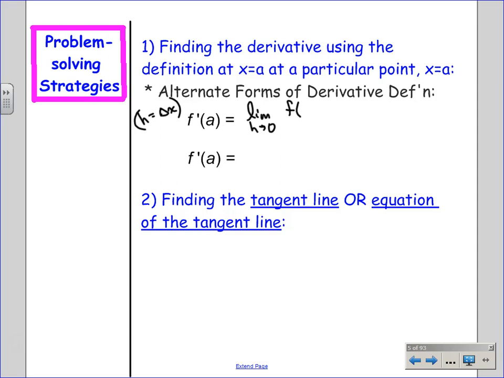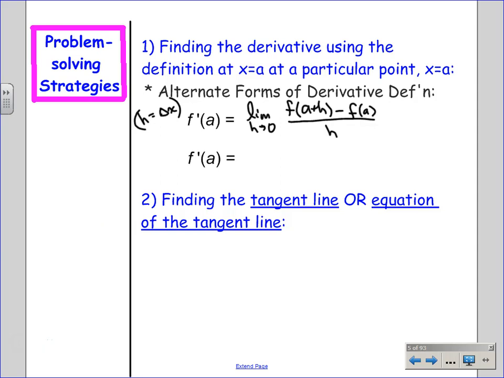F prime of x, the old one, equals the limit as h approaches 0 of, but who's in the x spot? So instead of x plus h, it's going to be a plus h. Minus, what's the rest? F of x is going to become f of a. Good, all over h. Okay, that's one way.